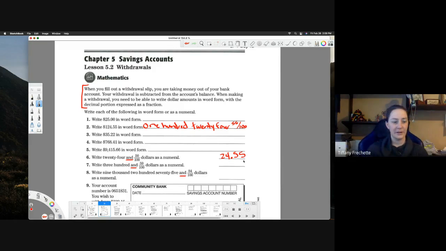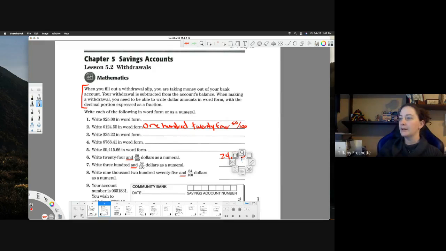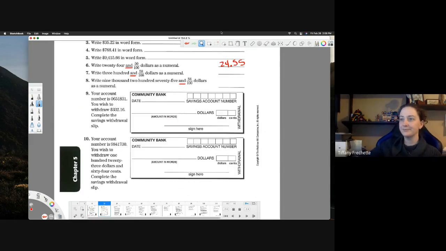Not too terribly crazy on these ones. The last 2, we actually look at some withdrawal slips. Deposit slips were for the last section. They give you an account number. You wish to withdraw $320.16. Complete the savings withdrawal slip. It depends on the bank whether or not they make you write this out in words.